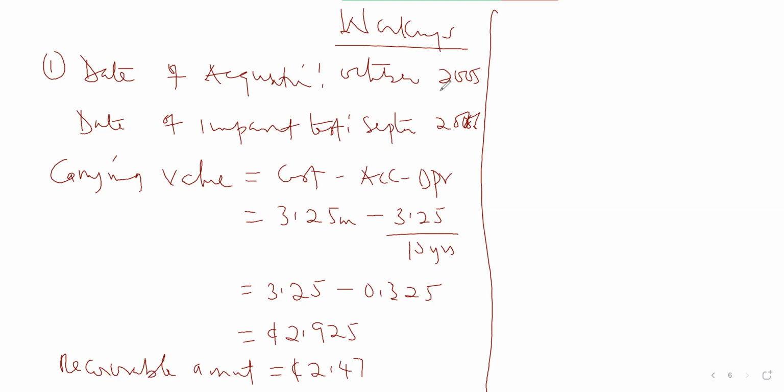If you should continue using the asset, what is the benefit that you are going to get from using the asset? So what you do is that you discount all those benefits to today's terms.